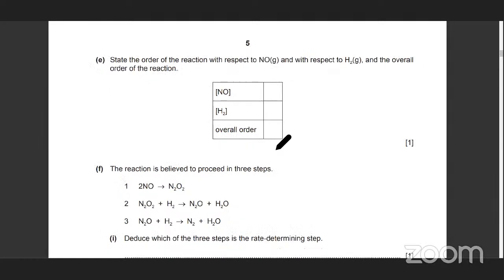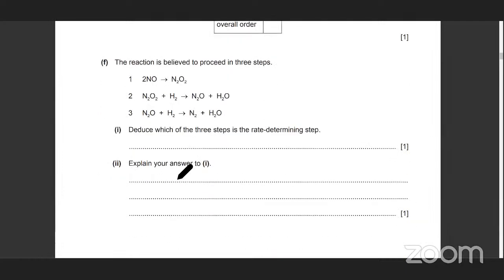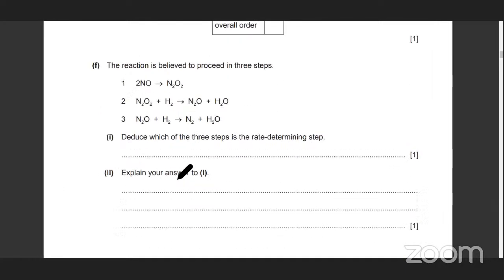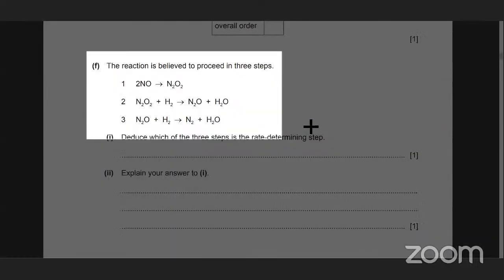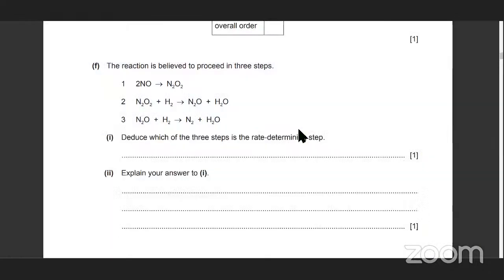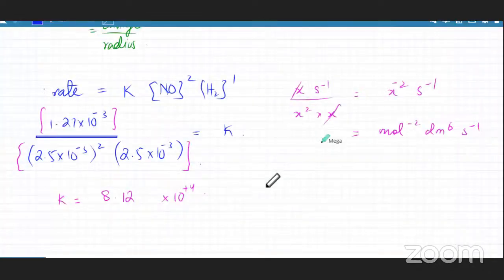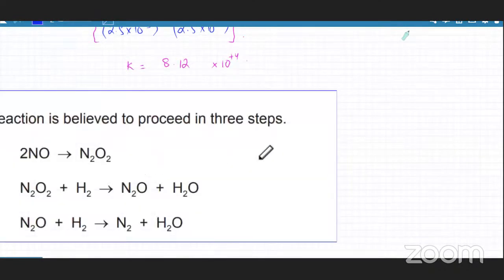Now the reaction is believed to proceed in 3 steps. And you have to figure out which one of these 3 steps is the slow step or rate determining step. Copy it down.